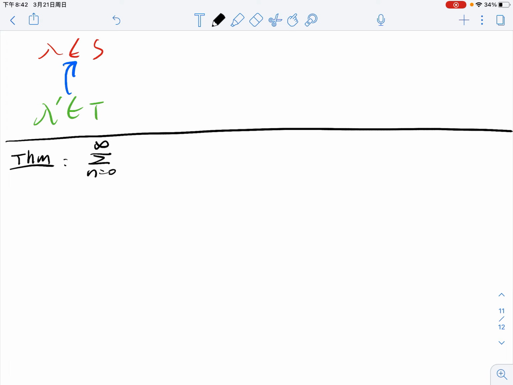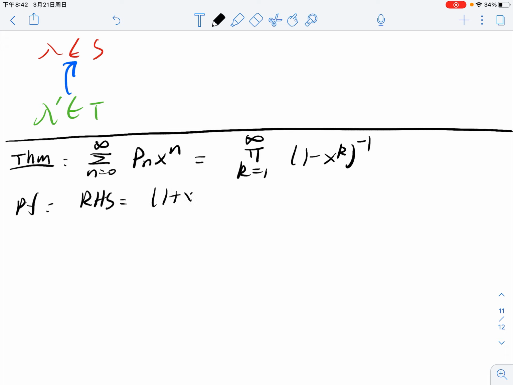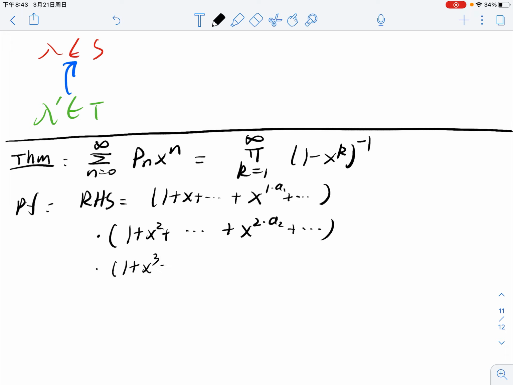The generating function for the number of partitions is the product of 1 minus x to the k, to the power of minus 1. The proof is easy because the right hand side equals 1 plus x to the 1 times a1, plus and so on, times 1 plus x squared plus all the way to 2 times a2, and times 1 plus x cubed plus x3 times a3 plus.